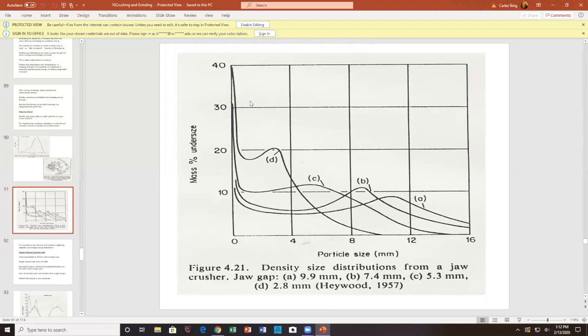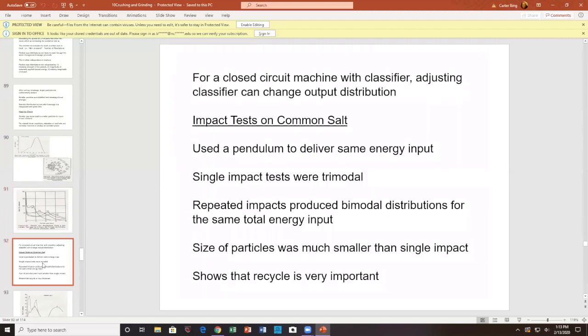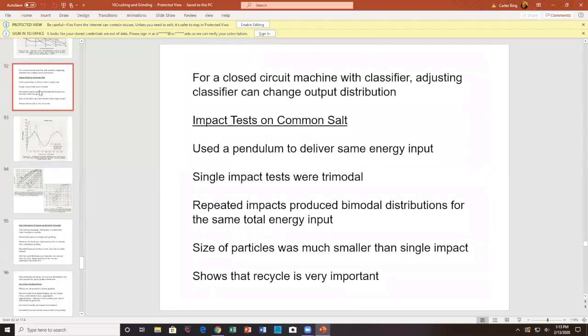Each one of these has fines. So D5, which is 2 millimeters, you'll see that you have a lot more fines being produced. So the idea of the distribution as a function of different machine settings is kind of interesting. Hope you all enjoy that.